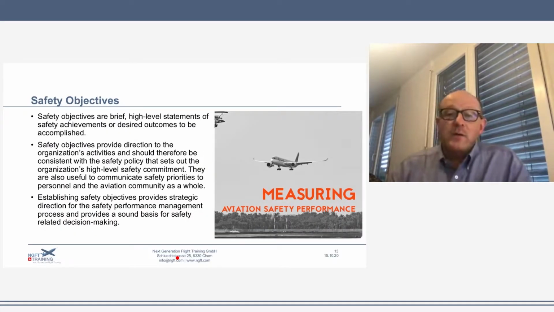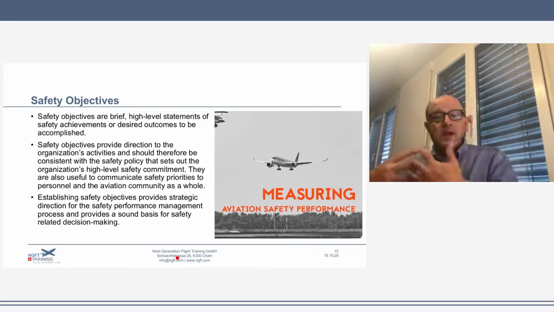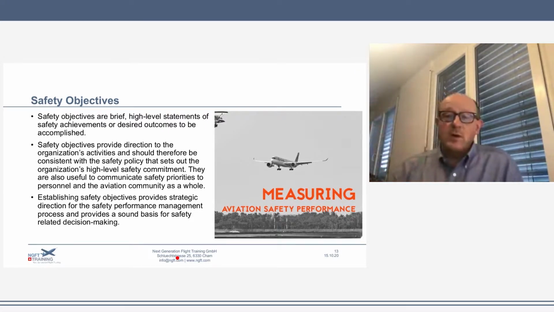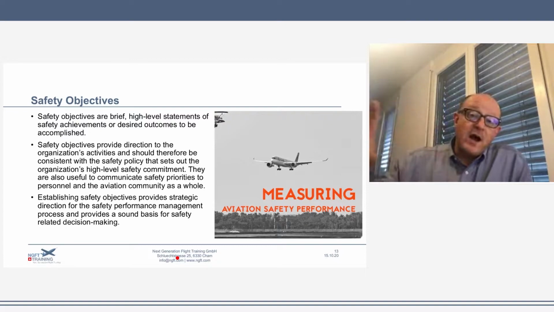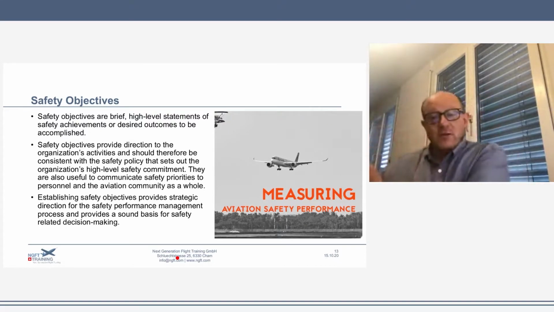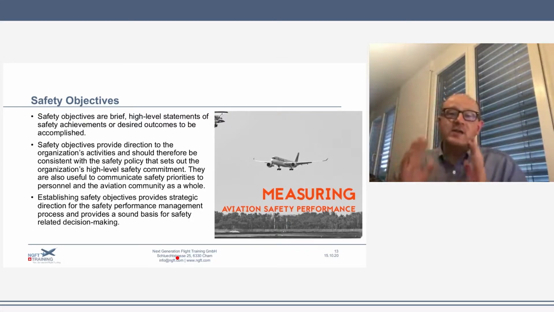All right, so then let's start with the process. When we look at the ICAO SMM process, we define safety objectives. They are high-level statements of safety achievements and desired outcomes. They guide our actions and our decisions, and it's a high-level safety commitment.